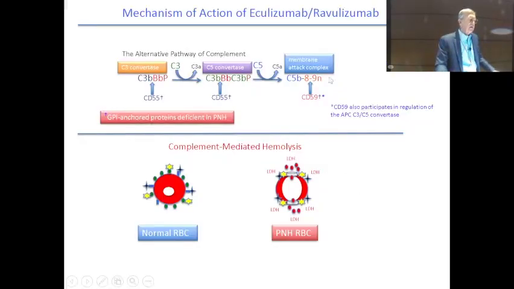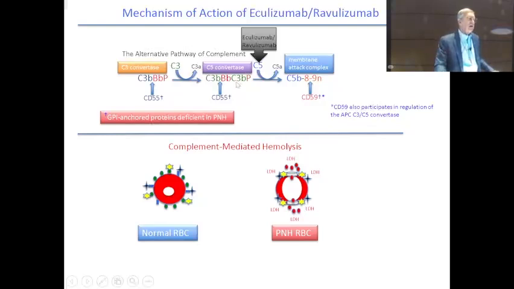And coming back to this slide that I showed earlier, this is where eculizumab and ravulizumab act. They block C5 and prevent the membrane attack complex formation, which then prevents this intravascular hemolysis. Now, again, you notice that because of the defect in PNH, there's lack of control of this earlier part of the complement cascade as well. And so this results in opsonization of the red blood cell.